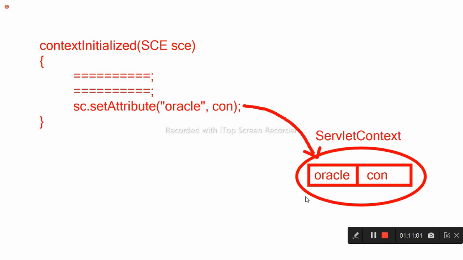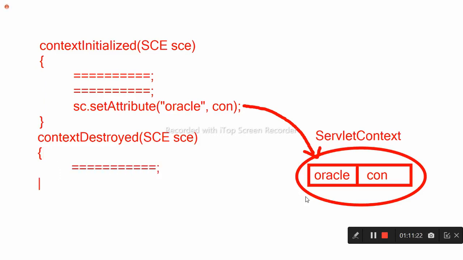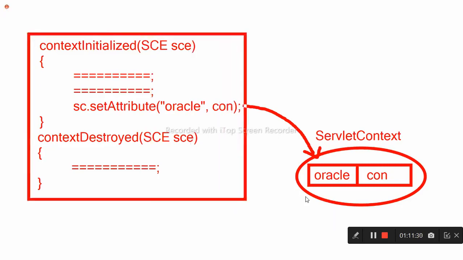Now it is common to all servlets. Here is contextDestroyed.